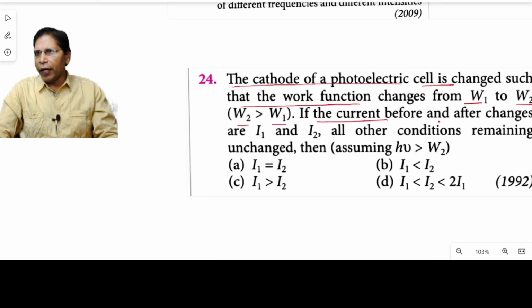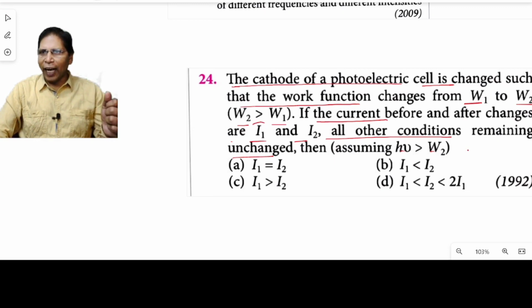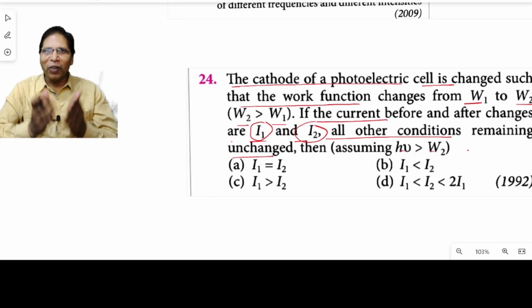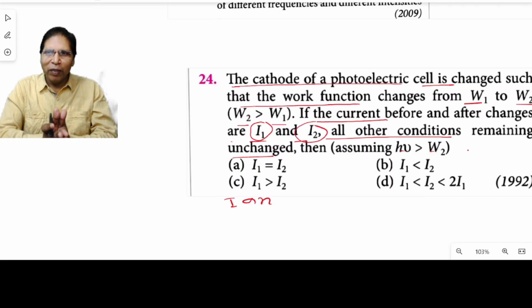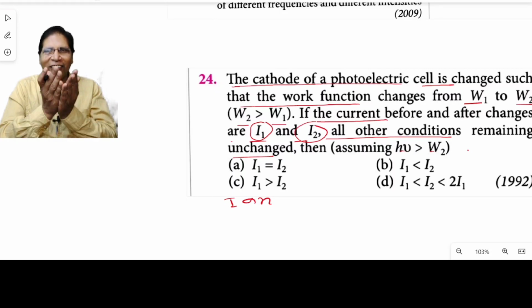If the current before and after the change be I1 and I2, all other conditions remaining unchanged, assume h nu is greater than W2. Now look at this, current does not depend on work function. It depends on the number of electrons emitted per second, that is, intensity. As intensity is the same, I1 equals I2.